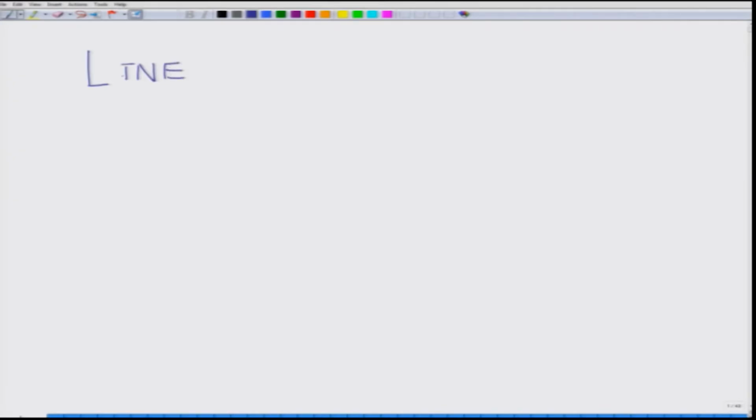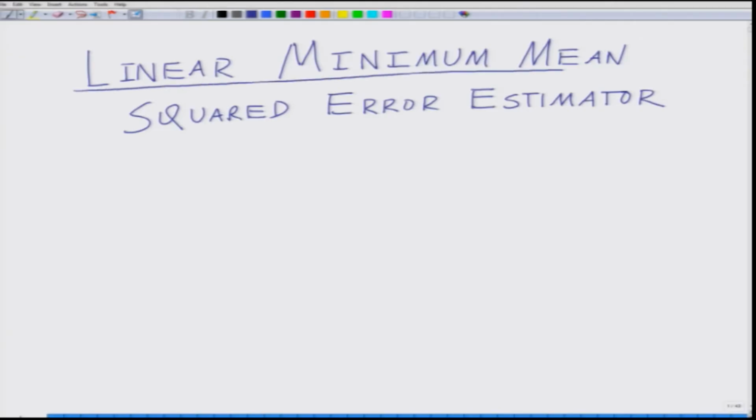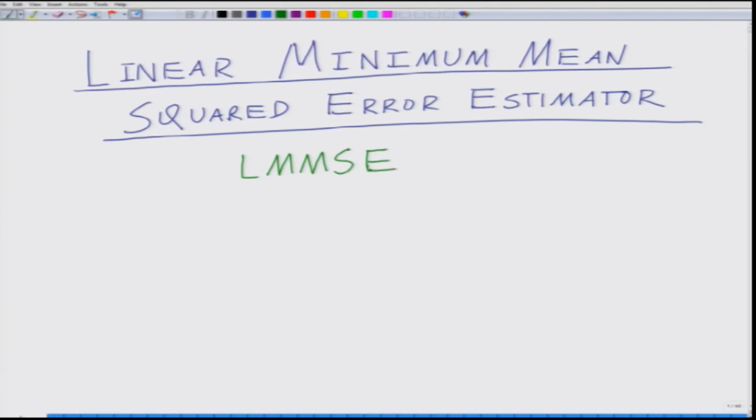This is also termed as LMMSE, where L is for linear minimum mean squared error, alright.